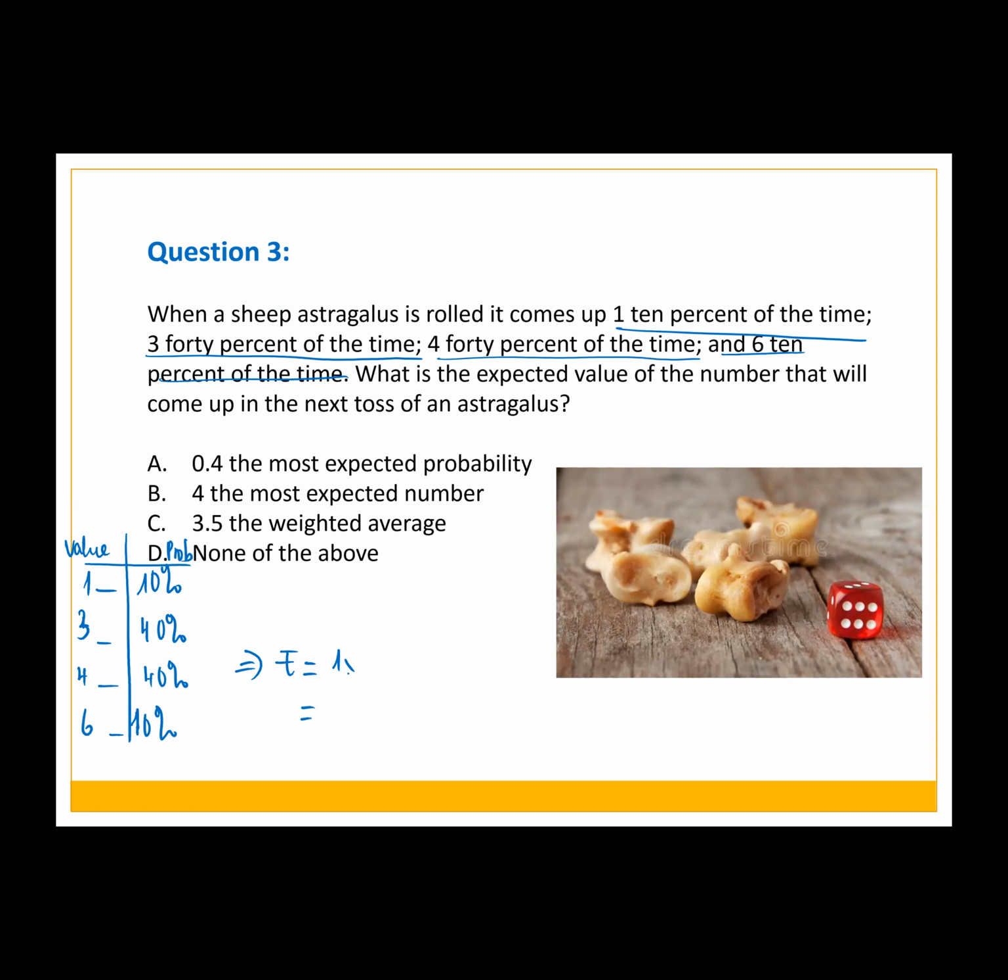Then we have 1 multiplied by 10%, plus 3 multiplied by 40%, plus 4 multiplied by 40%, and 6 multiplied by 10%. This is each value multiplied by its probability, and you sum all of those together. You're going to have 0.1 plus 1.2 plus 1.6 plus 0.6, which is going to give us 3.5, which is C. And so this is just following the definition and the basic way of computing the expected value.